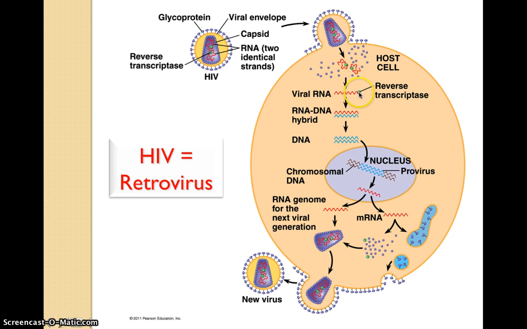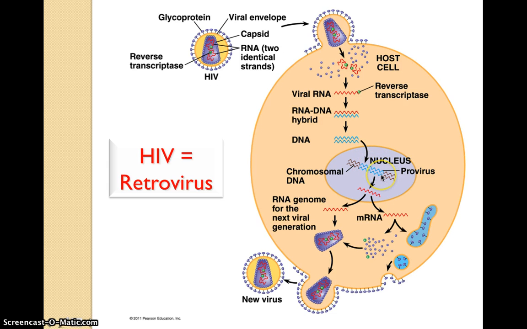What it does is change the RNA into DNA, and by doing that it creates a new double-stranded DNA, which is then inserted into the nucleus of the host cell and allows itself to attach to the chromosome DNA of the host cell.